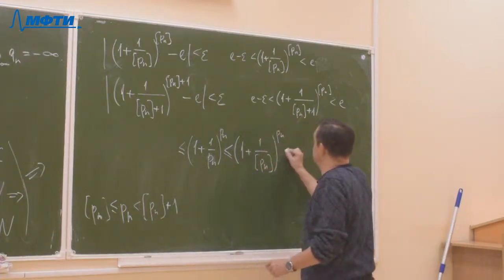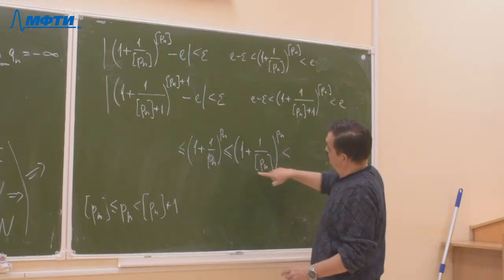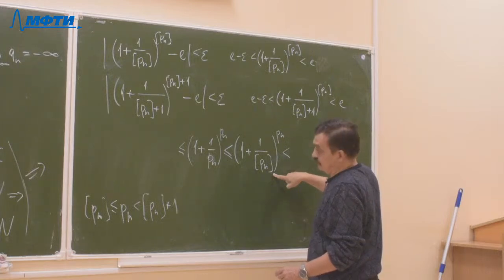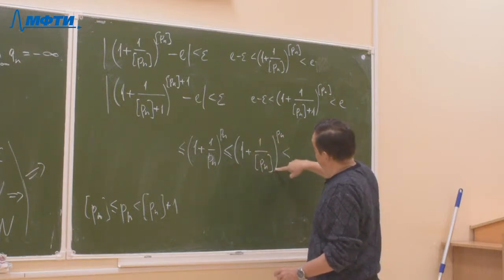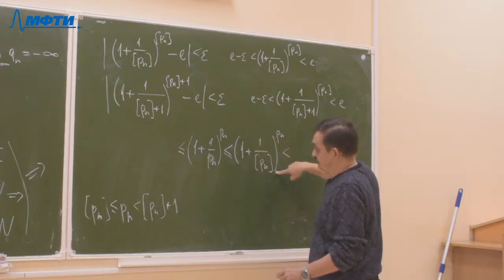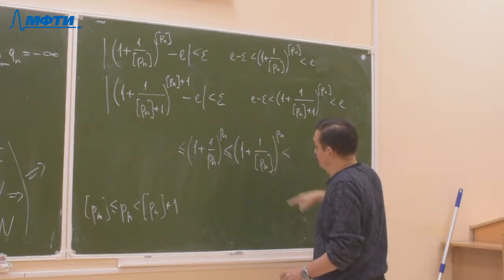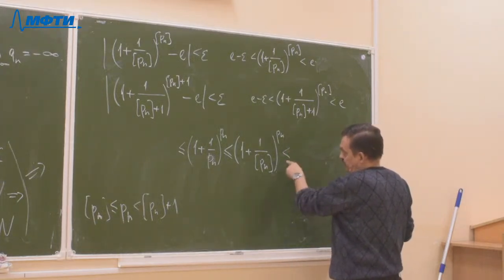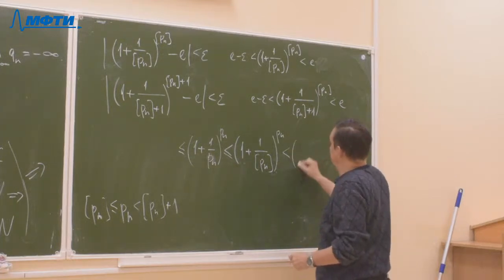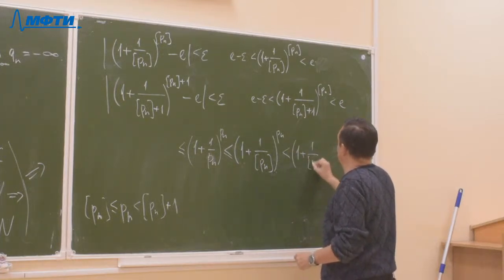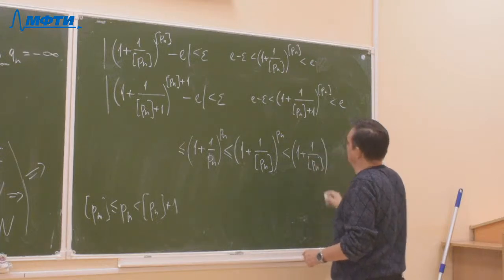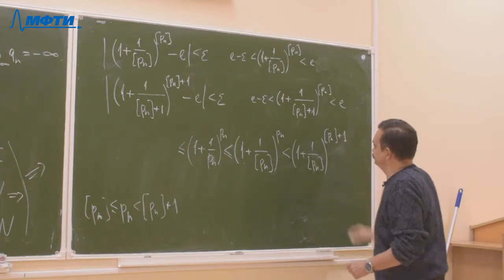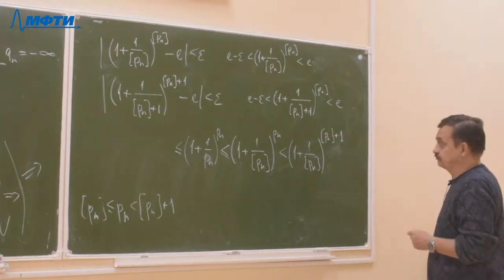So this is less than, you see that the base of our exponent is greater than 1, hence if we replace Pn by something greater, we have strictly less. 1 plus 1 over n to the power integer part of Pn plus 1.